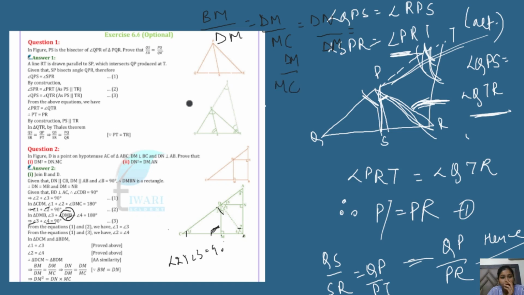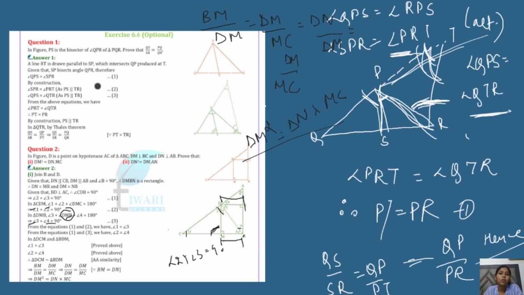Since they are already equal, we can write this, and after this we just cross multiply them. We will get DM square equals DN into MC. I hope it's clear to you how you are getting this. And how is BM equal to DN? Because we have proven it as a rectangle, BM will be equal to DN, and we have just replaced it by this.